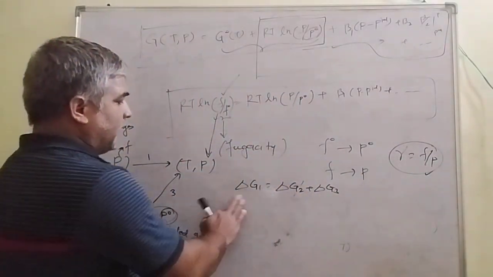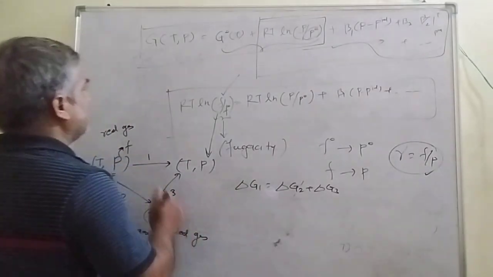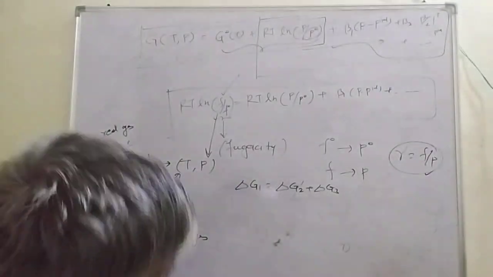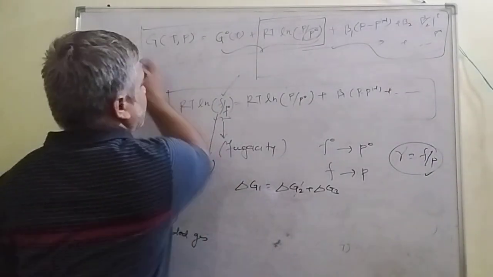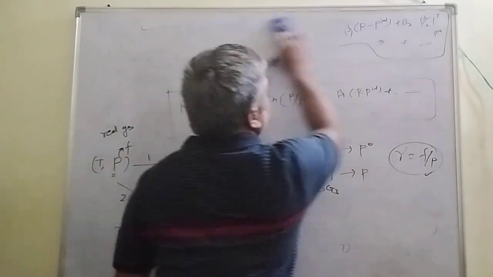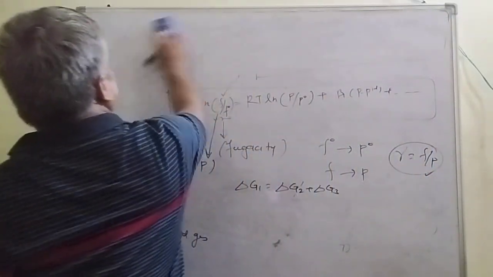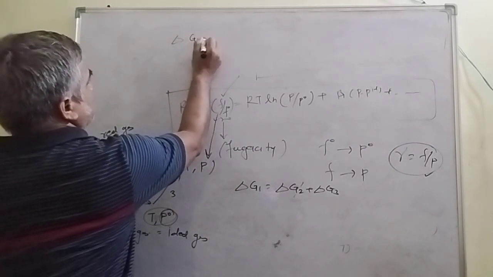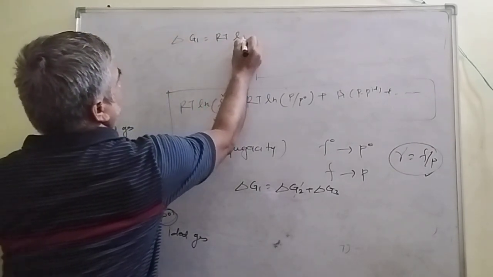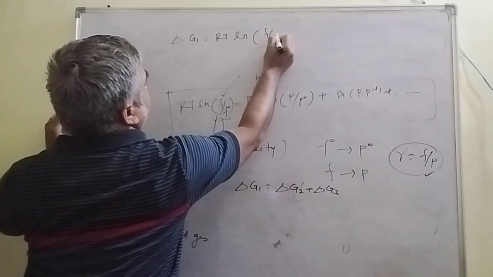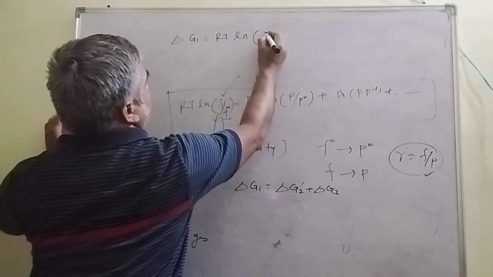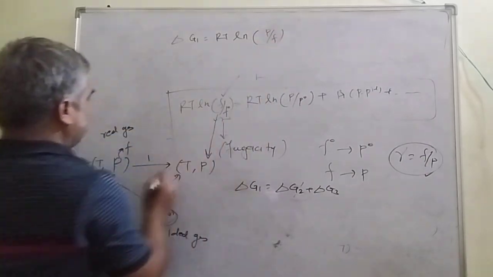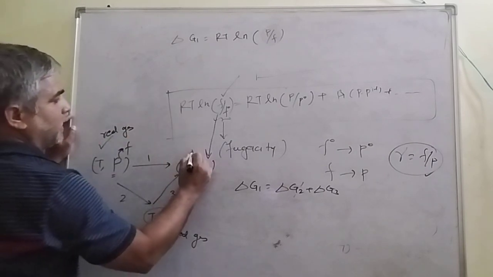Now I can write delta G1, with the help of this formula, as RT ln of P by F, because I am moving from real gas to ideal gas.